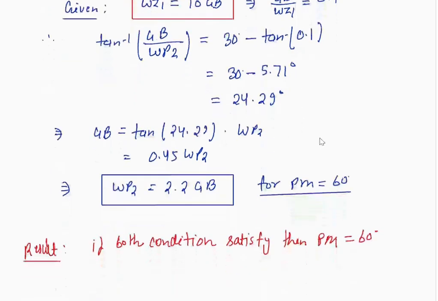From here, if we take tan of both sides, we get gain bandwidth equal to tan of 24.29 degrees times omega p2. So my gain bandwidth comes out at 0.45 omega p2, and from here the second pole location will be 2.2 times the gain bandwidth for a phase margin of 60 degrees.